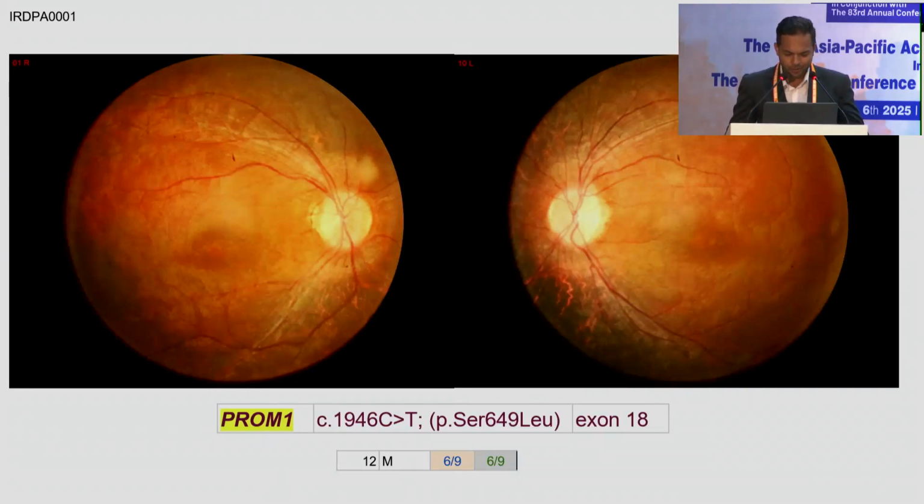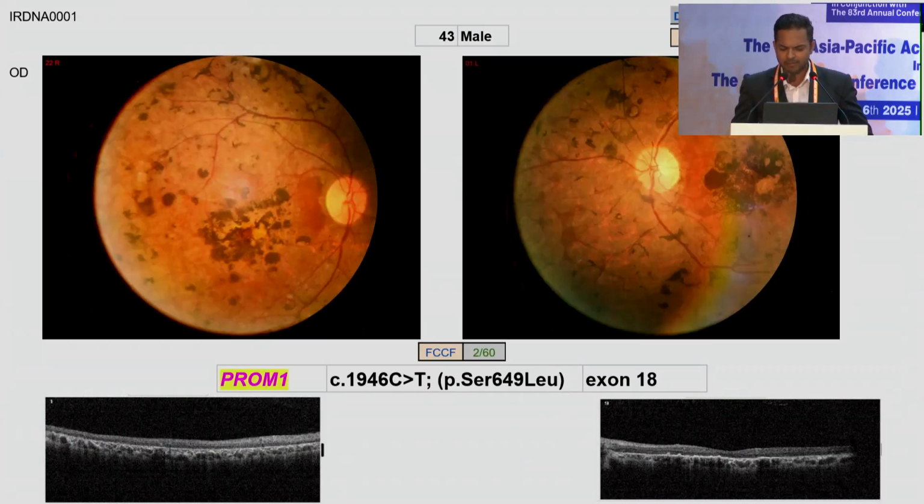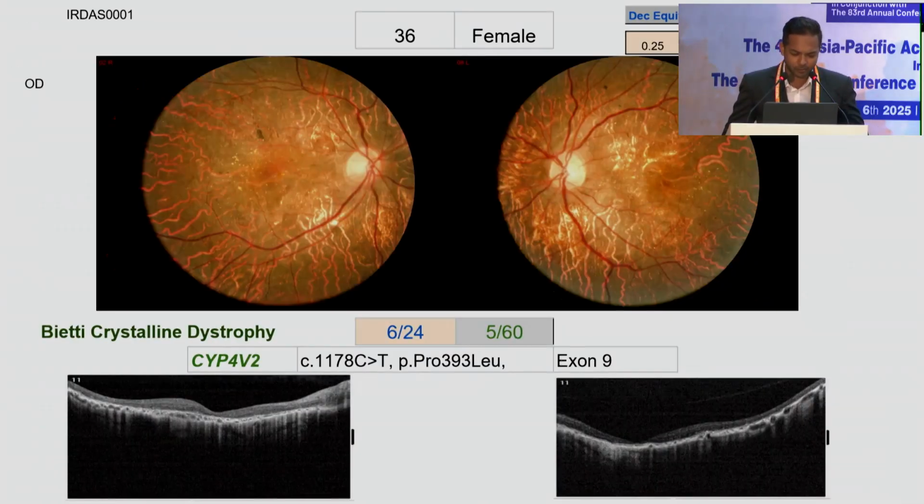Another mutation which I want to emphasize was in the PROM1 gene, wherein if patients present by the first decade, there's 6/9 vision, but significant macular involvement if a patient was to present by the fourth decade. So the clinical findings point towards how the gene mutation would progress in terms of vision loss.